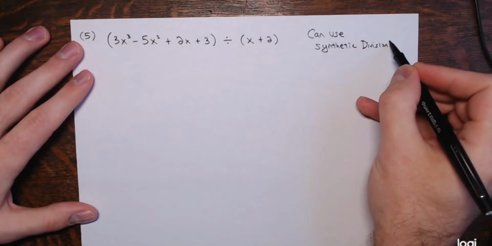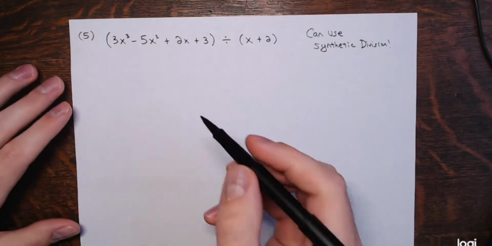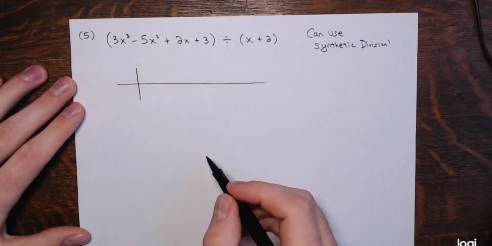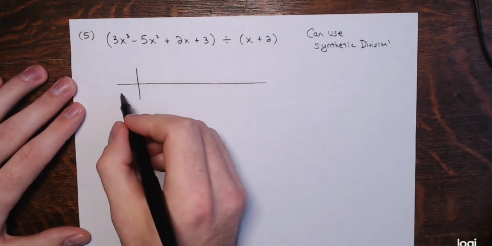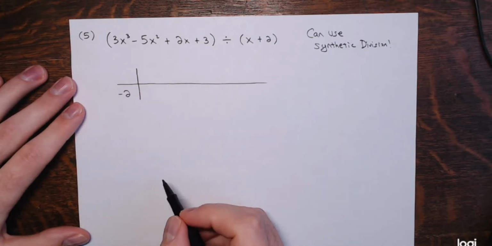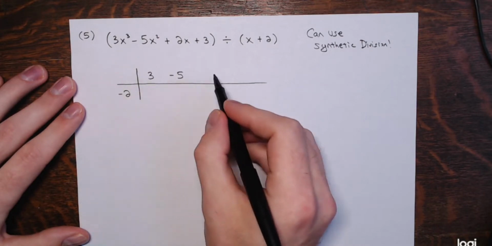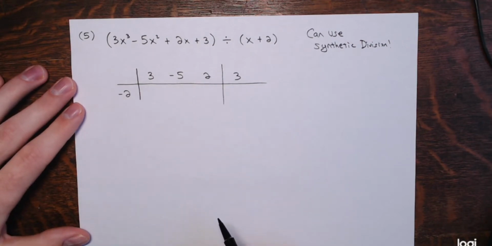All right, again, I make my little sideways cross thing and lower left corner. Now this is x plus 2, so k is negative 2. Coefficients of the dividend are 3x cubed minus 5x squared, positive 2x to the first, and positive 3. I put a bar down to separate the quotient and remainder.